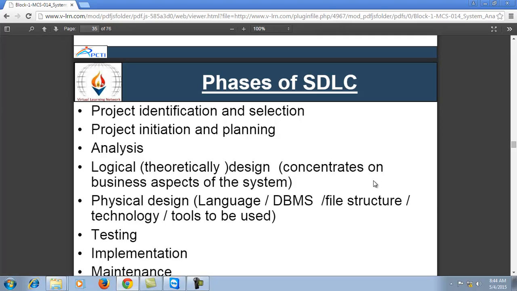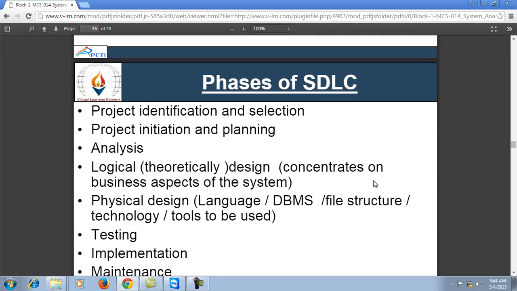Good means successful system. Next tools. So till now we have covered three approaches of collecting facts and figures from the customer: interviewing, structured meetings, and questionnaires.